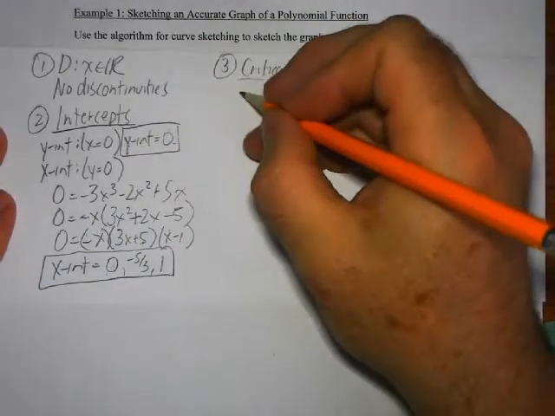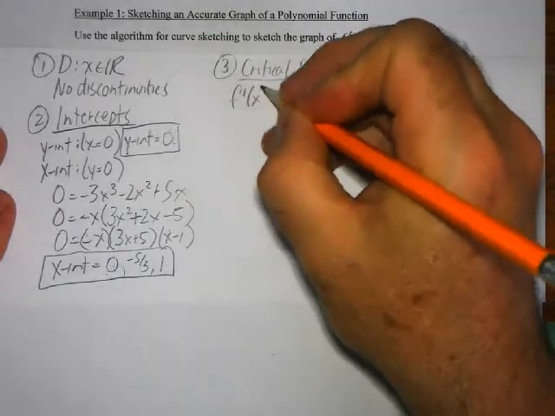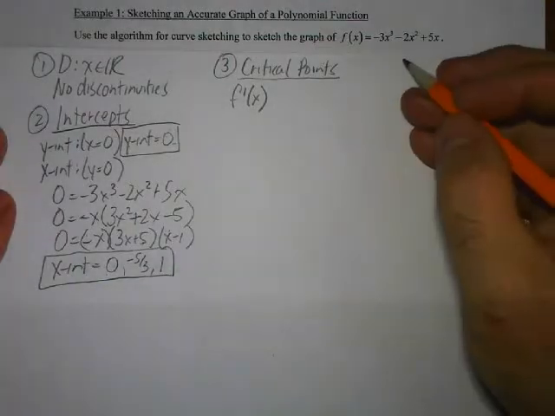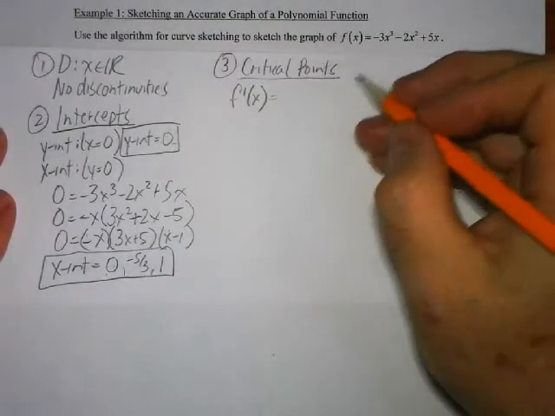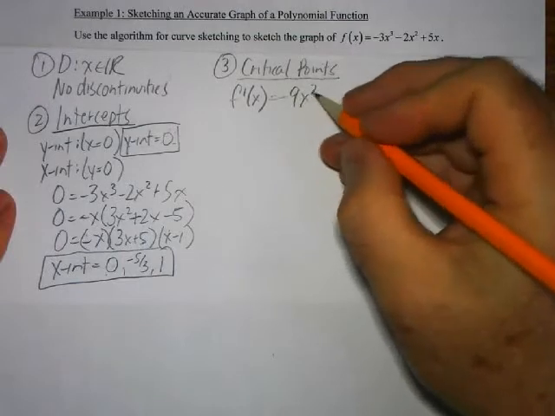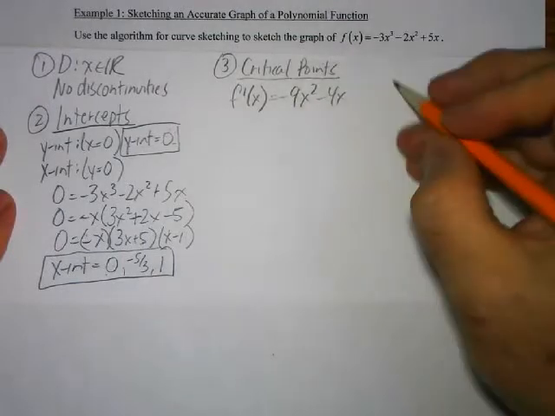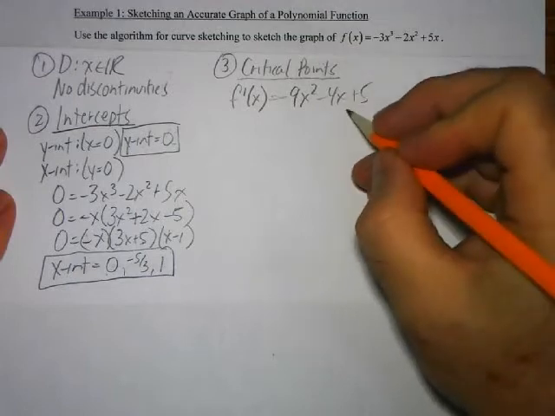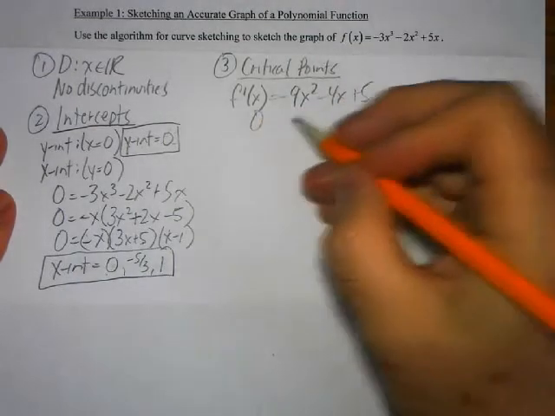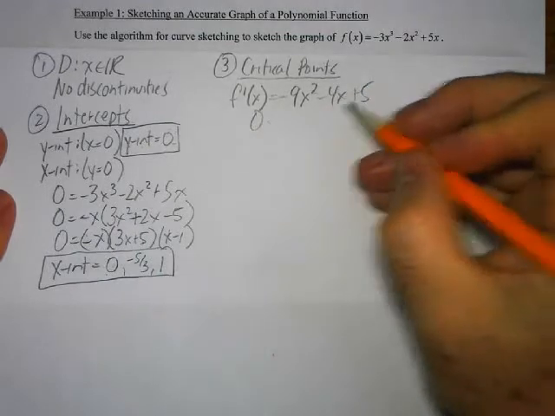So critical points, we want to find the derivative of f of x, and since it's a polynomial, that's fairly straightforward. So that's negative 9x squared minus 4x plus 5. Okay, and then to find the critical points, you set that to 0.